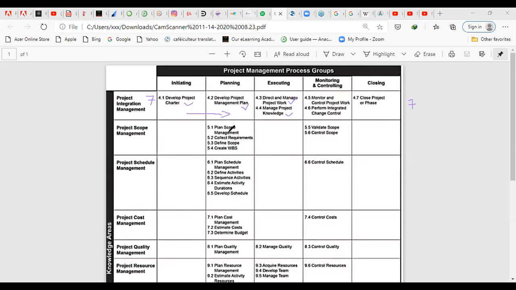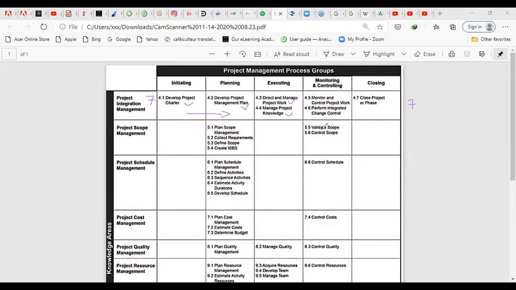There are 4 processes within the planning phase of project scope management: plan scope management, collect requirements, define scope, and create the WBS, or the work breakdown structure. So the 4 here plus the 2 processes in monitor and control. When we get to the executing phase, we don't do scope management.